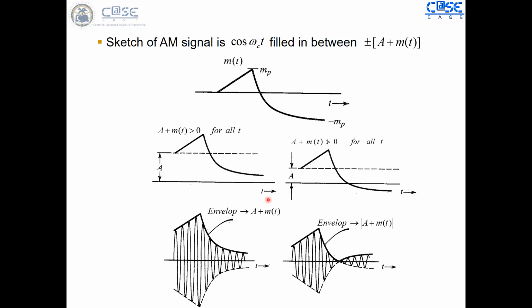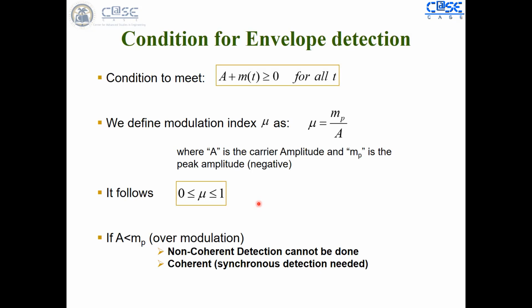That depends on the negative peak of the message signal, that is how much maximum negative value is present in my message signal. I would give the DC shift such that that negative value becomes positive for all times t, right? So in short, there is a requirement that A plus m(t) should be greater than or equal to 0 for all times t, right?